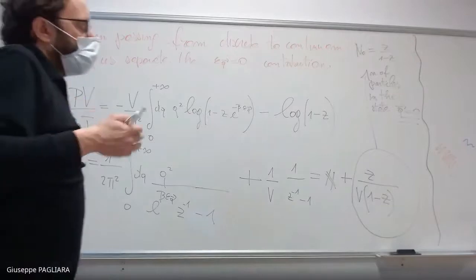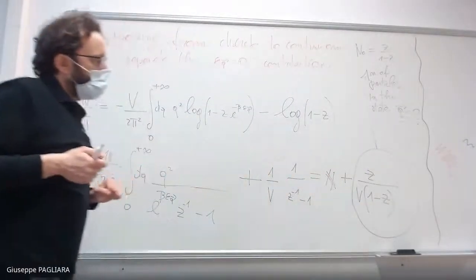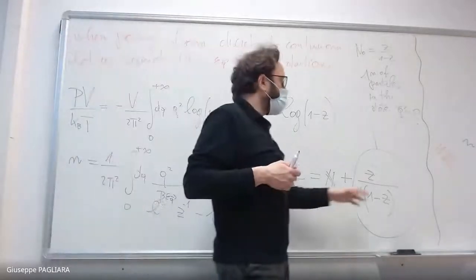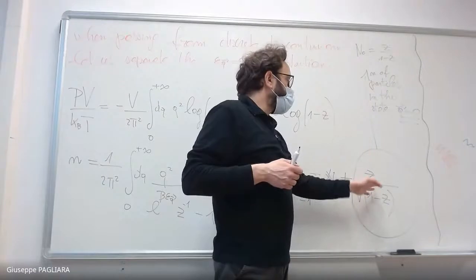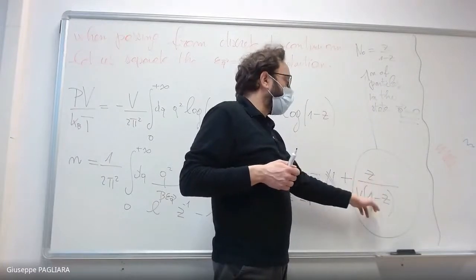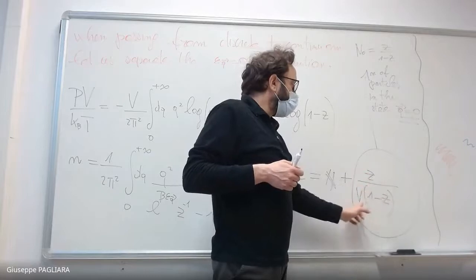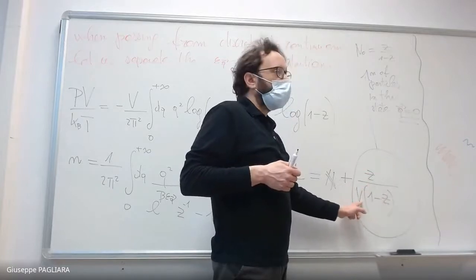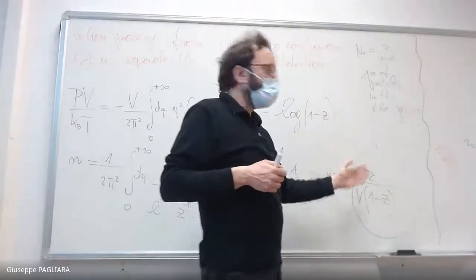You see already from here that if z is, I don't know, 1/2, for instance, or a finite number far from 1, then this quantity is finite, and therefore having here a volume, this quantity will drop to 0 in the thermodynamical limit.